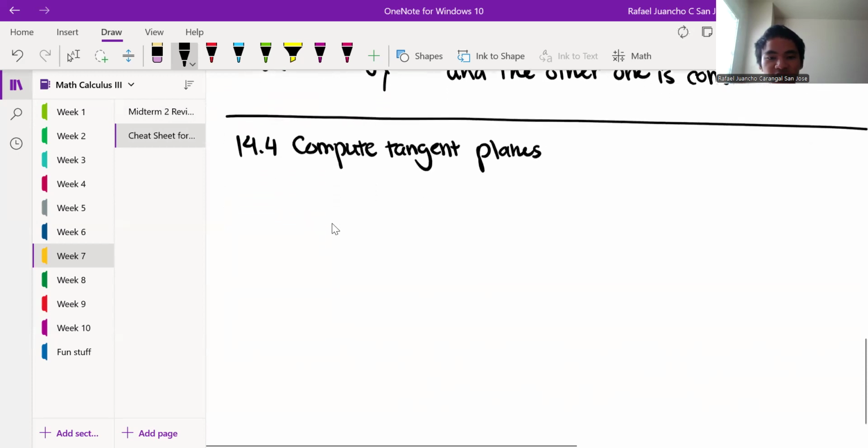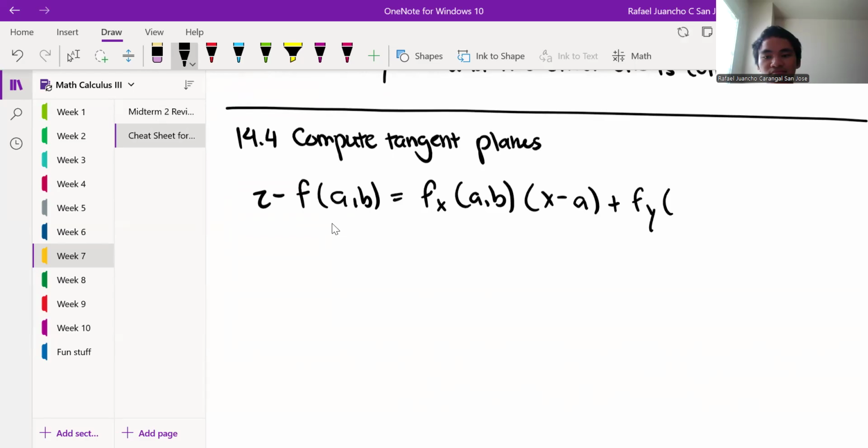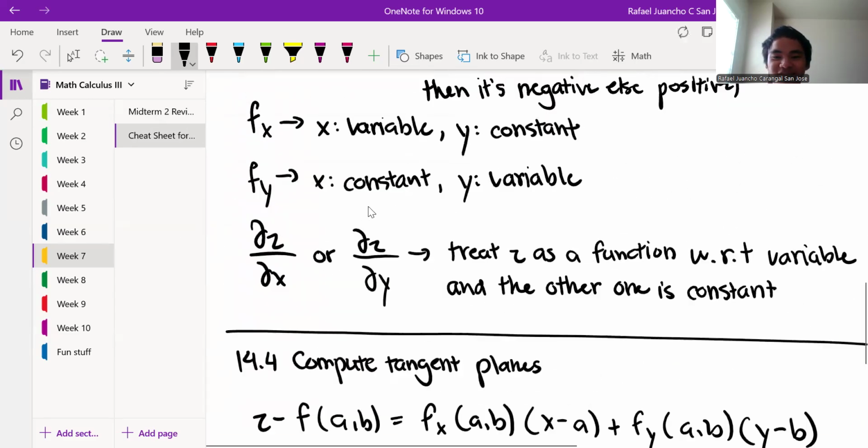We use that formula: z minus f, and then we take partials here. That's the whole idea. You just take partials and plug in.